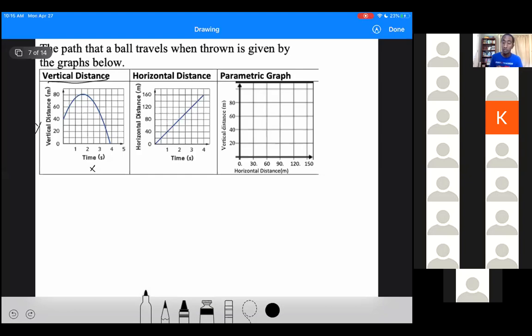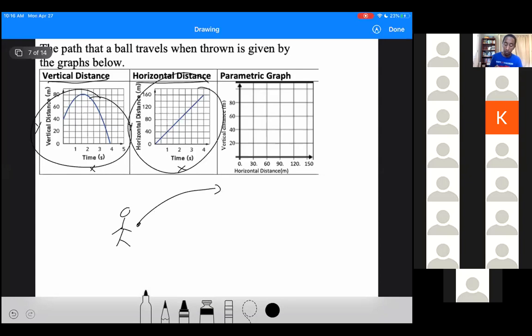Then we have the second type of graph, which is the horizontal distance, okay? For this case, we have time on our x-axis and horizontal distance on our y-axis. That's saying how much distance the ball has traveled horizontally as time is passing. So if someone was throwing the ball in the air, this graph tells you how high the ball is at different times.